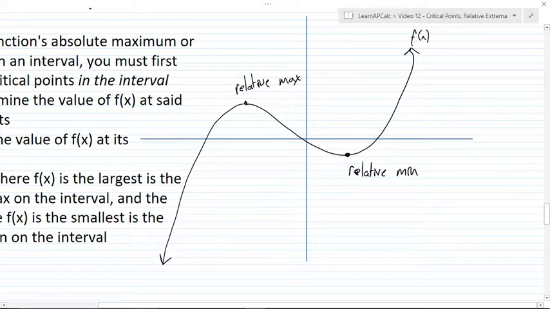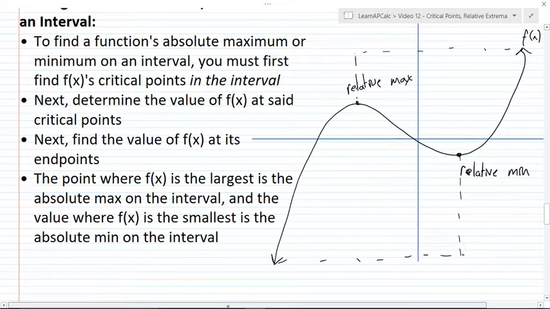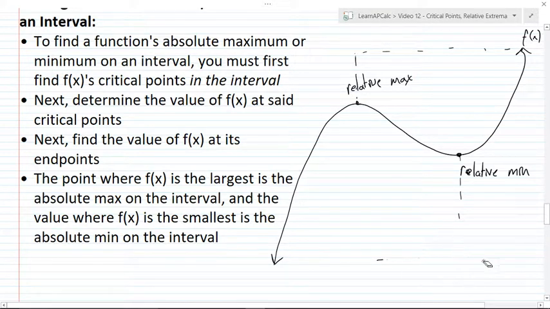But if we think about it, neither of these are absolute maxes or absolute mins. This function is going up and its value is greater than that at the relative max. Similarly, here on the left, it's going down and is less than that of the relative min. And so that brings me to my absolute max and absolute min.